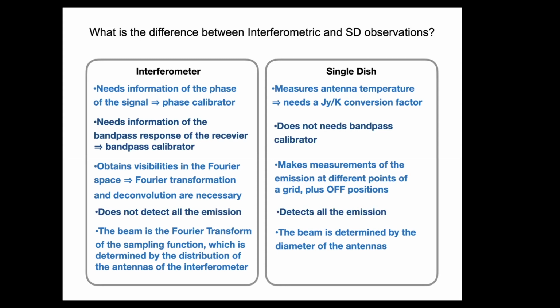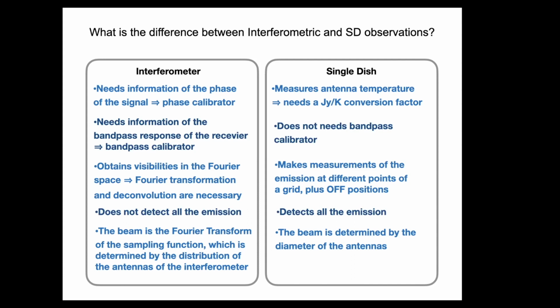And also the data of an interferometer comes in the form of visibilities in the Fourier space. So one would need to transform those visibilities from the Fourier space, and also one would need to deconvolve the images. And as I mentioned before, the interferometer would not detect all the emission from all the different scales, but it will filter out some scales.